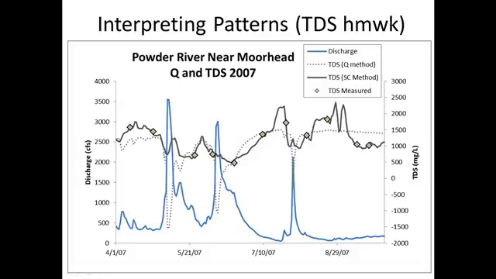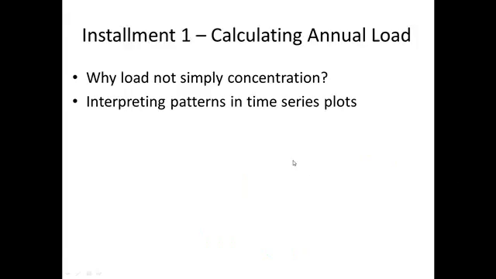And so you can spend more time evaluating the nuance in that relationship and thinking about what it means that I see a dip here, that there's dilution, and so theoretically a lower concentration of salt, if we're thinking of salt as our pollutant, in this storm event, whereas this storm event did not cause a dilution. So why was there a higher concentration of salt in this storm event, and so on. Those are the things that come out of term project installment number 1.